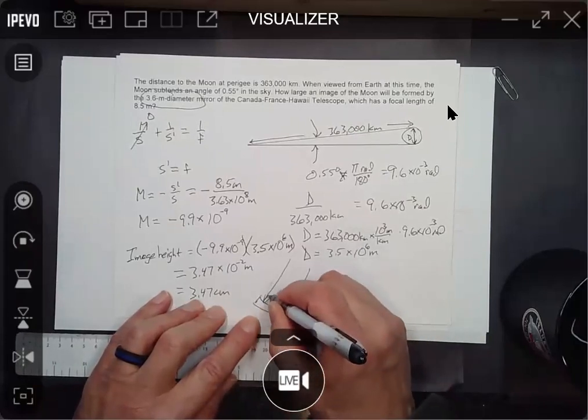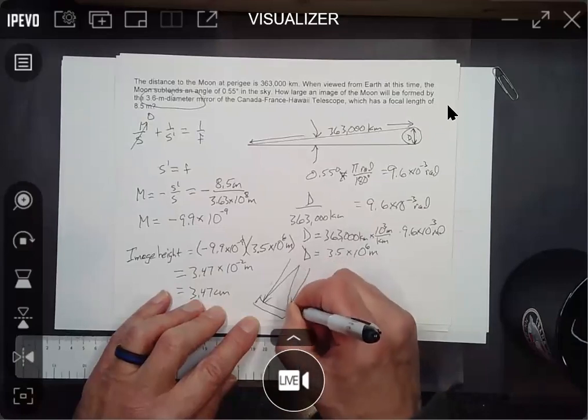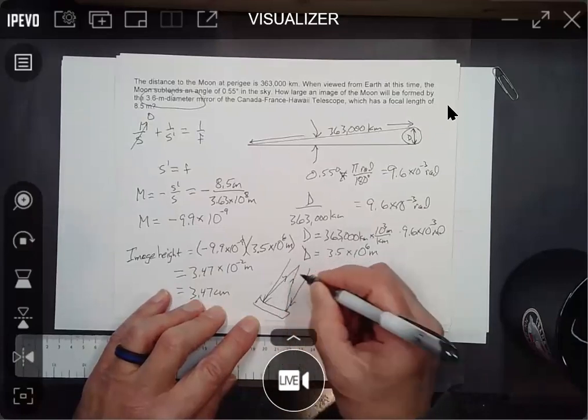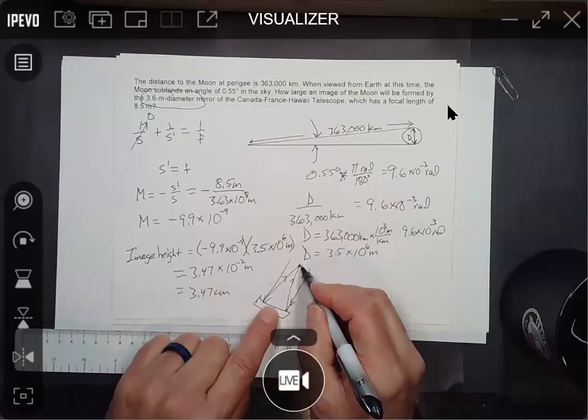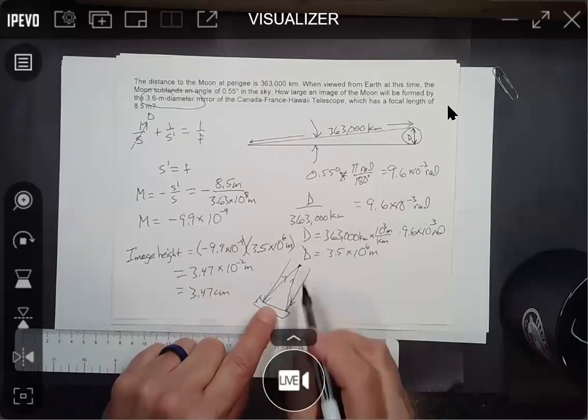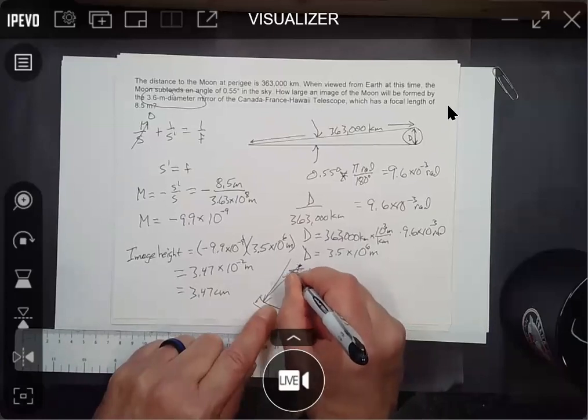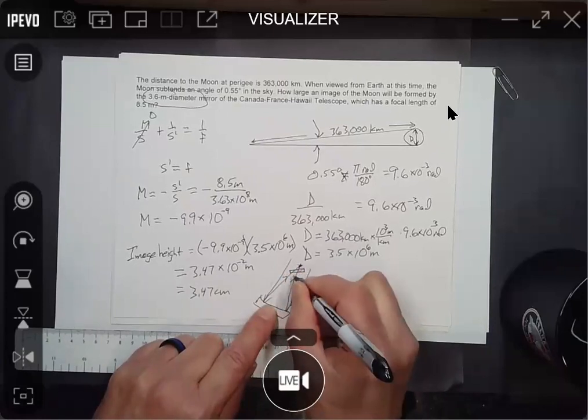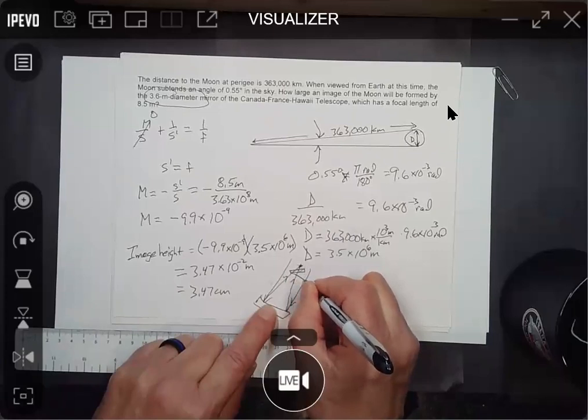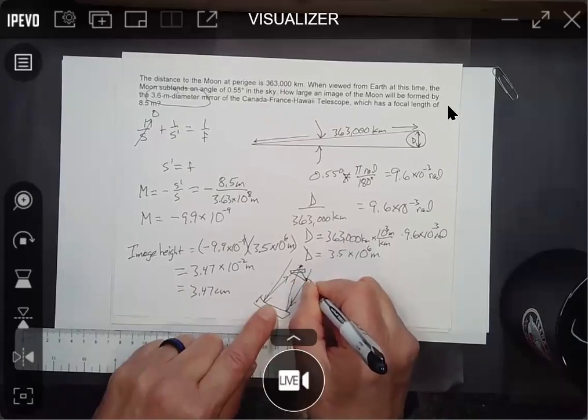But if you had this, you'd be getting this image forming that far away from the mirror. Well, what you do is before the image forms, you put in a diagonal mirror and bounce that image over here. And then you have an eyepiece here.